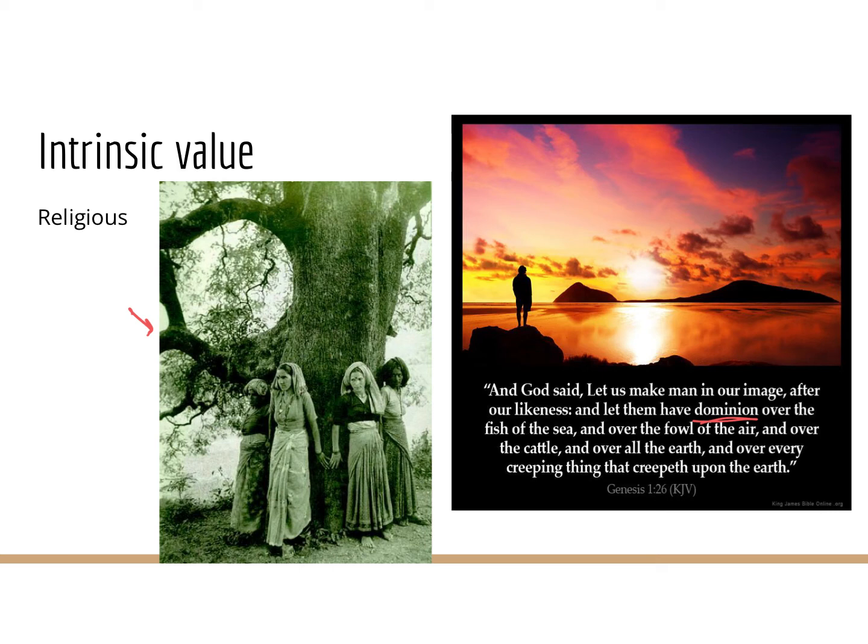What's interesting about this is that we often read that word dominion and see it as power, having power over something, this authority over everything. But another meaning of the word dominion is the responsibility to protect. So I like to think of this dominion over all of the wild creatures as our responsibility to protect those ecosystems and those wild species.